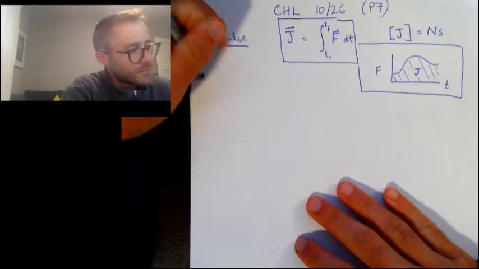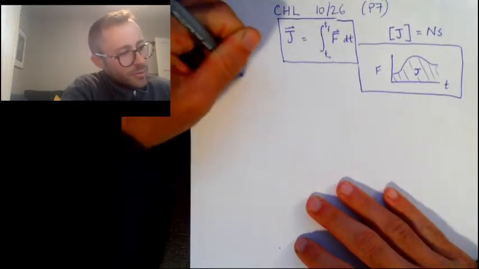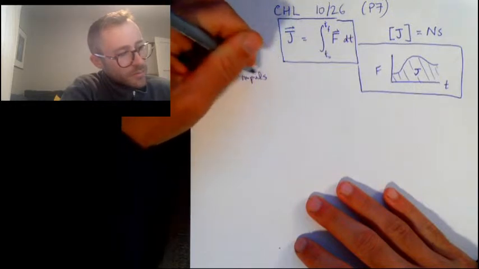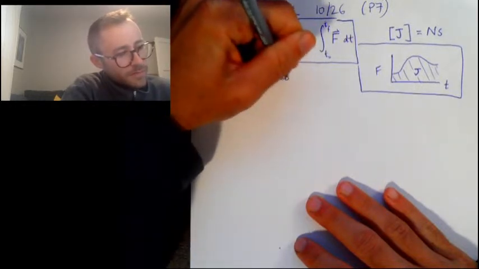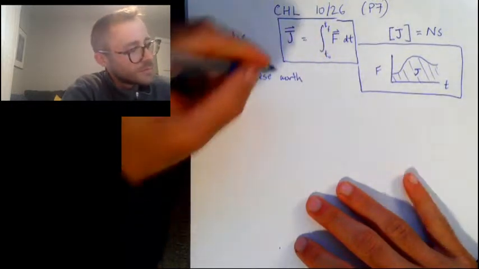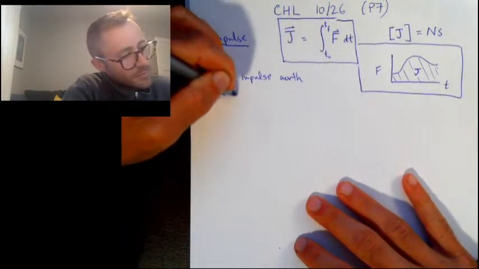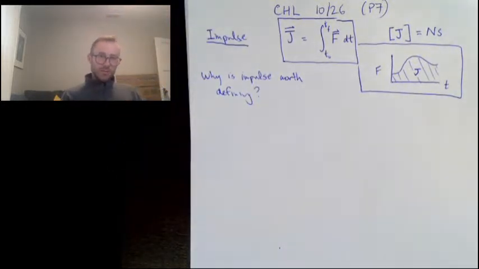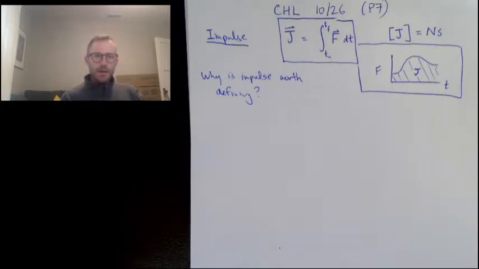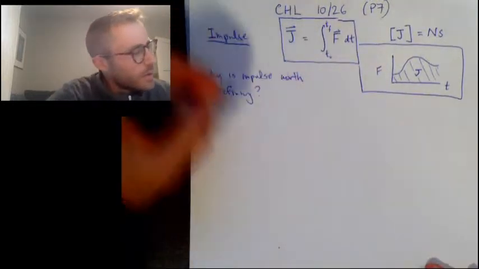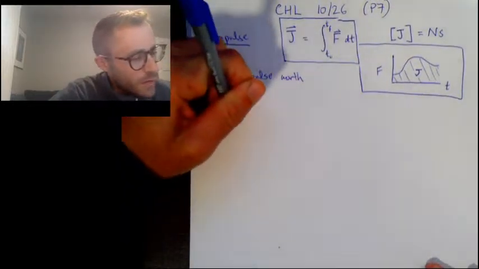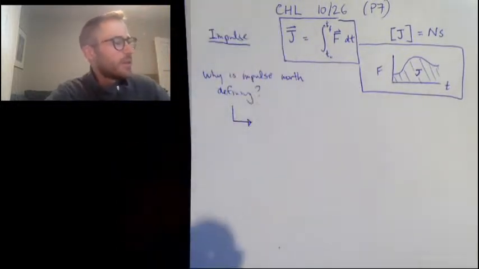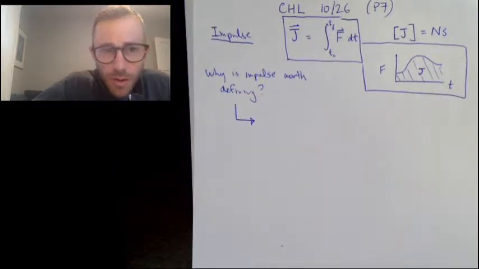So why is impulse worth defining? That's a good question to ask. To understand why this is something that is worth defining and talking about, actually, I'll be straight up with you.